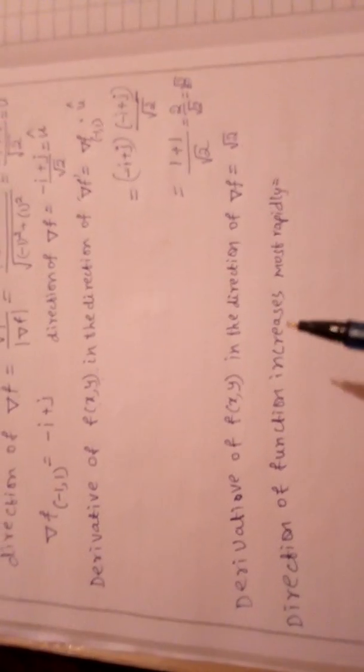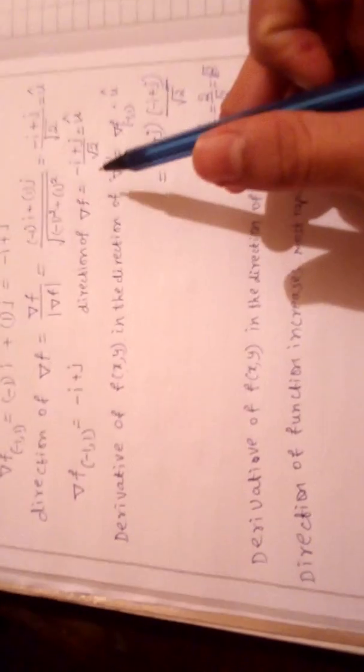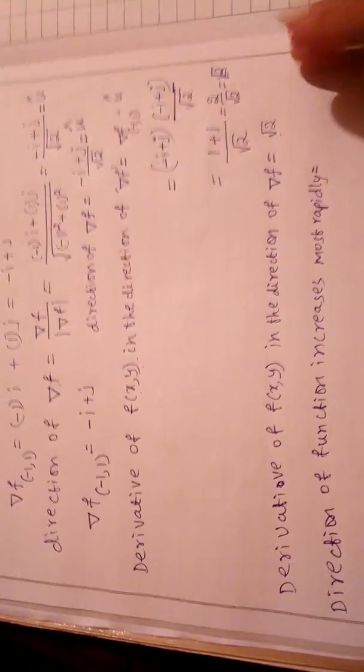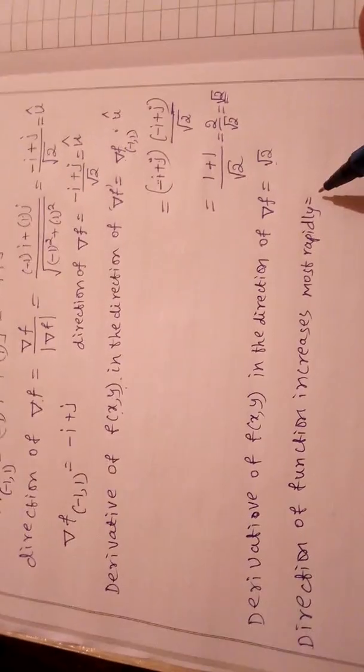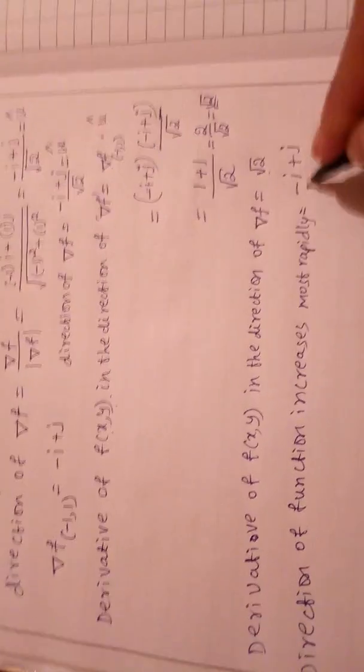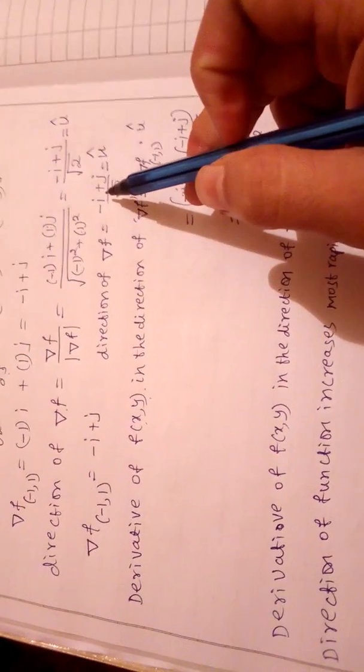The function always increases in the same direction as the gradient vector. So this direction is equal to (-i + j) by root 2. That is what we find.